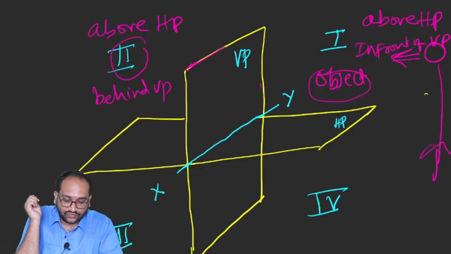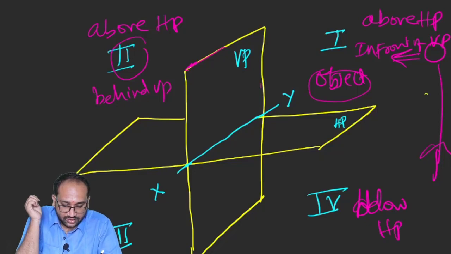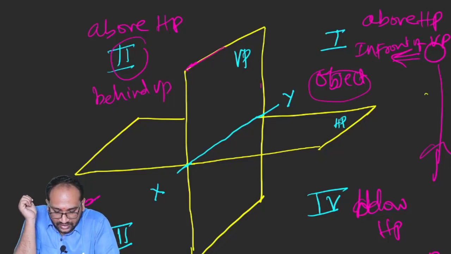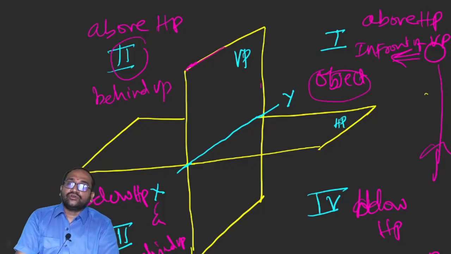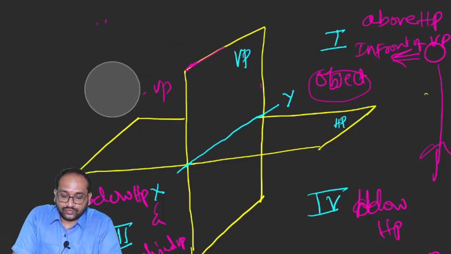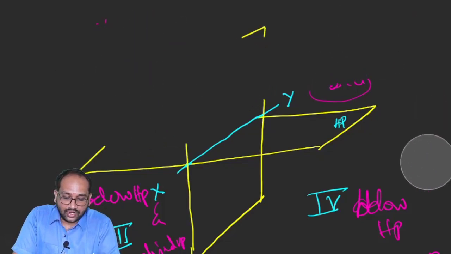Fourth angle is below HP, in front of VP. Third angle is below HP, behind VP. So these are the positions of objects in all quadrants.